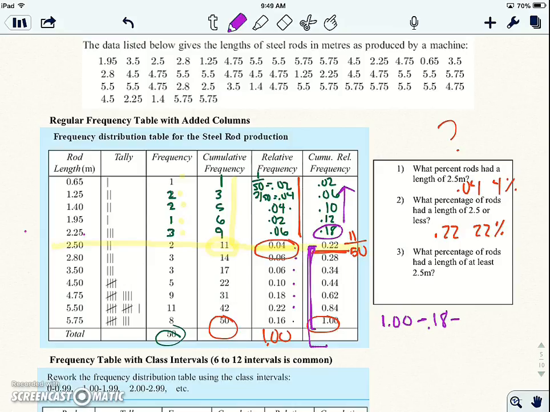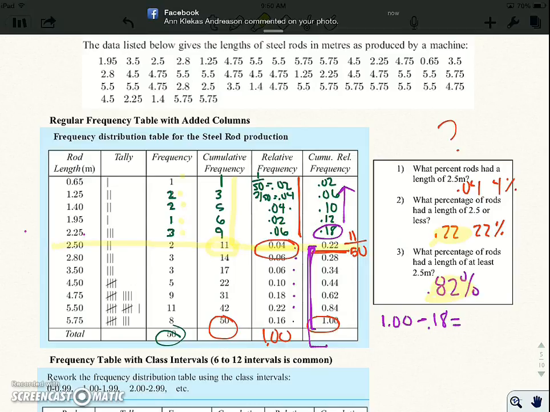And so if we do that, we have 82% or bigger, which makes sense because 22% were smaller, 82% were bigger, and those don't add all the way up to 100 because we counted the 0.04 twice.